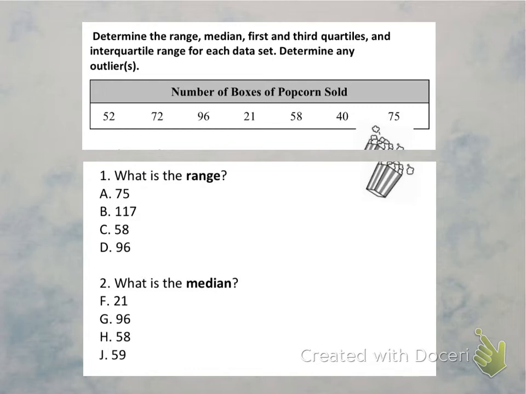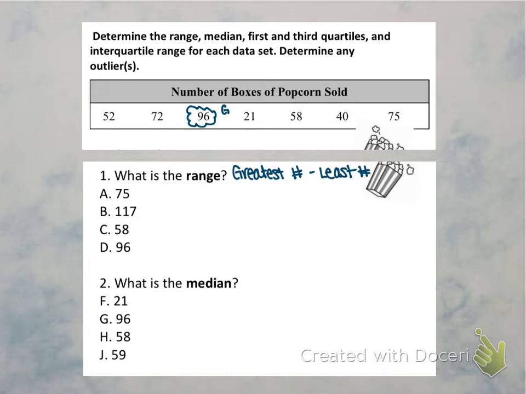So we learned that our range is greatest number minus least number. Okay, so if you're looking at the number of boxes of popcorn sold, we can see that 96 is the greatest, and that 75 is the next greatest.